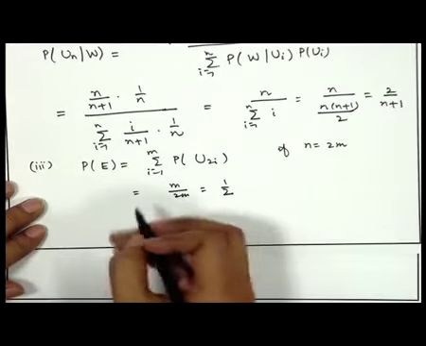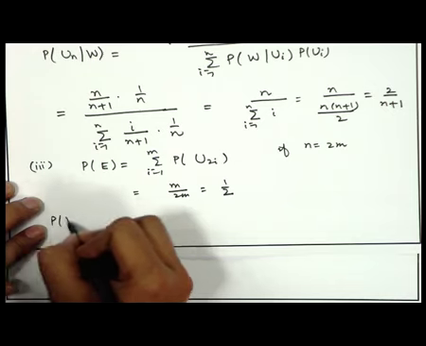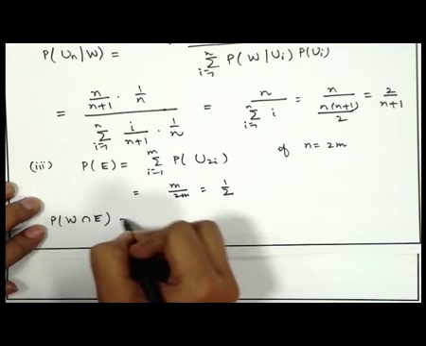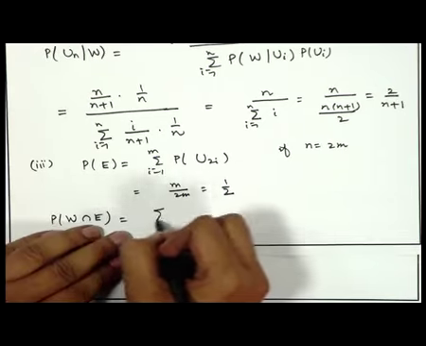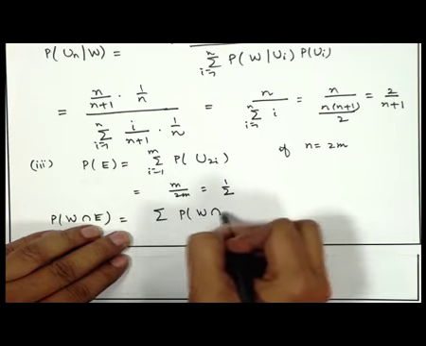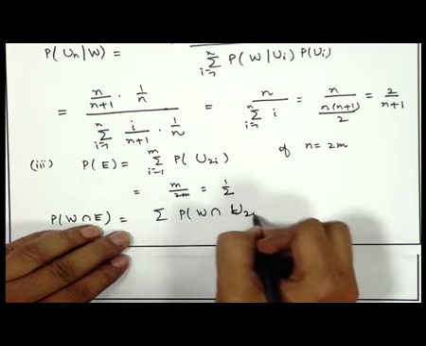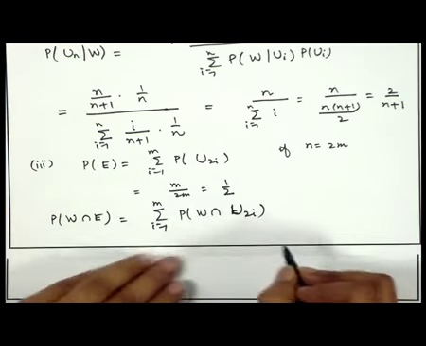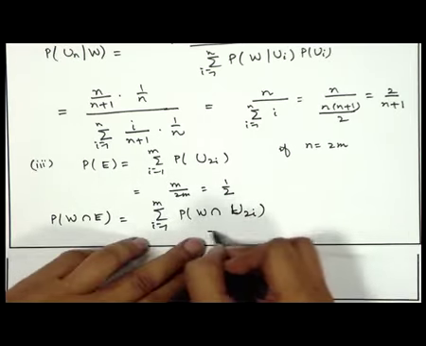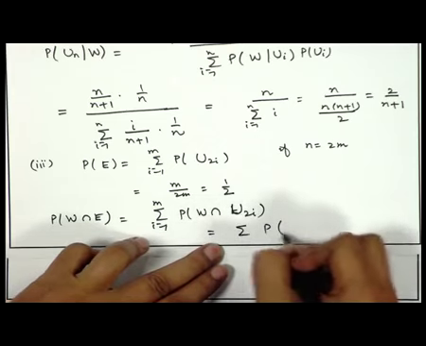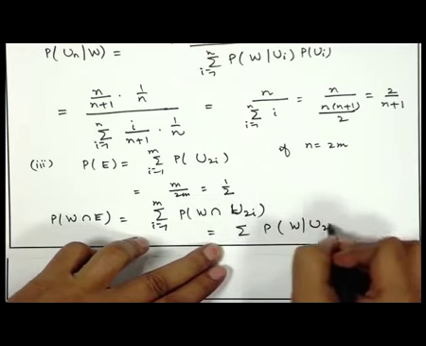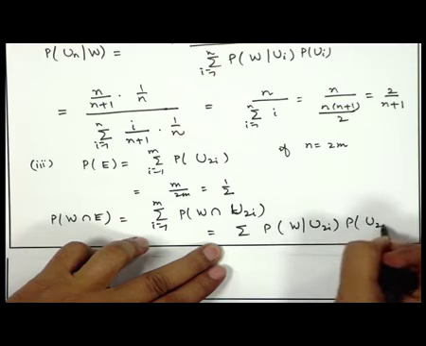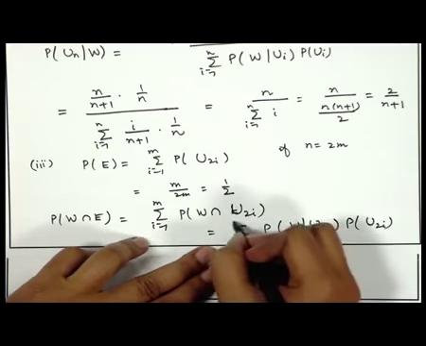So, if we consider the probability of W intersection E, that is equal to the sum of the probability of W intersection U_2i, for i equal to 1 to m. Again we can apply the multiplication rule: probability of W given U_2i into probability of U_2i, for i equal to 1 to m.